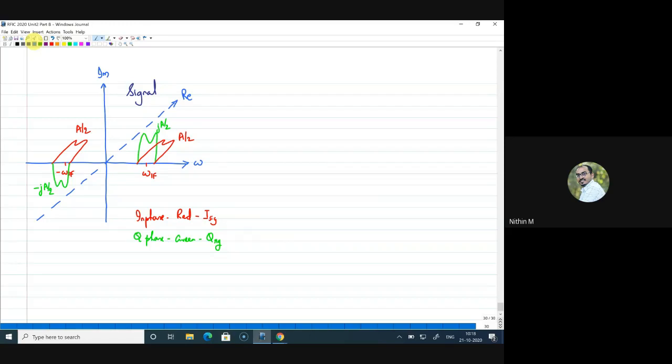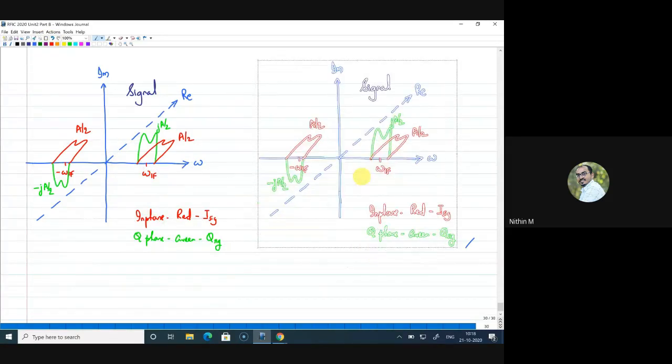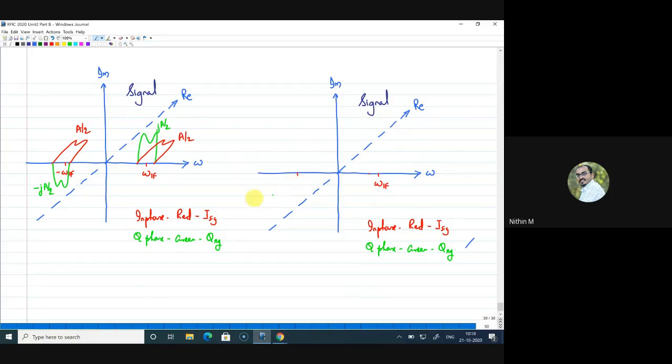Similarly, if your input signal spectra is passed through two mixers, you will have images also. To plot the image, let me take the spectrum. The image is located at omega IF.